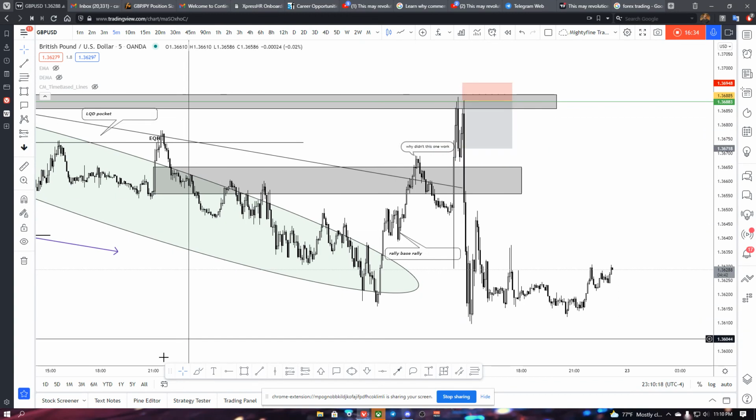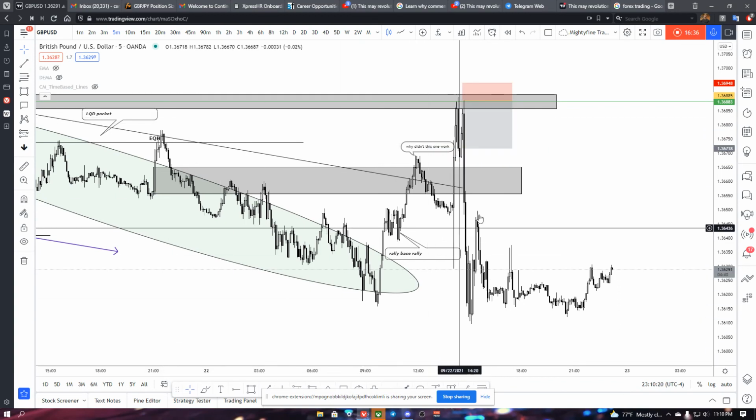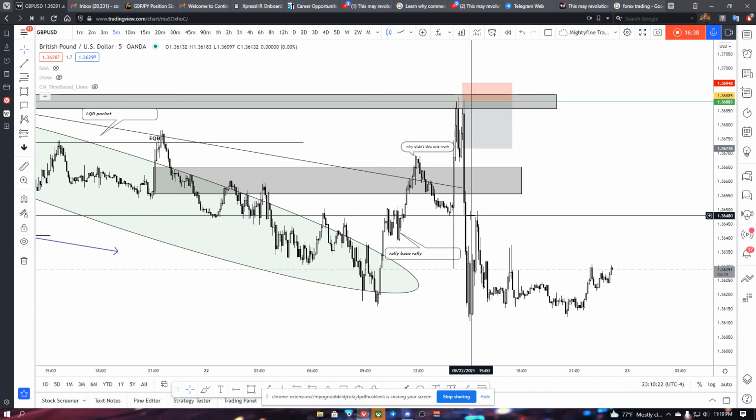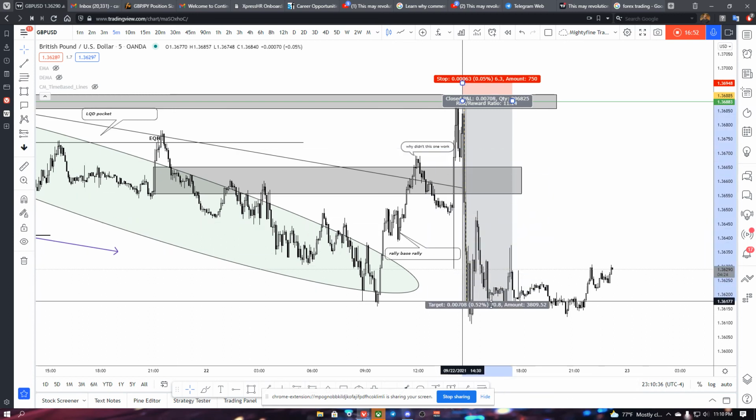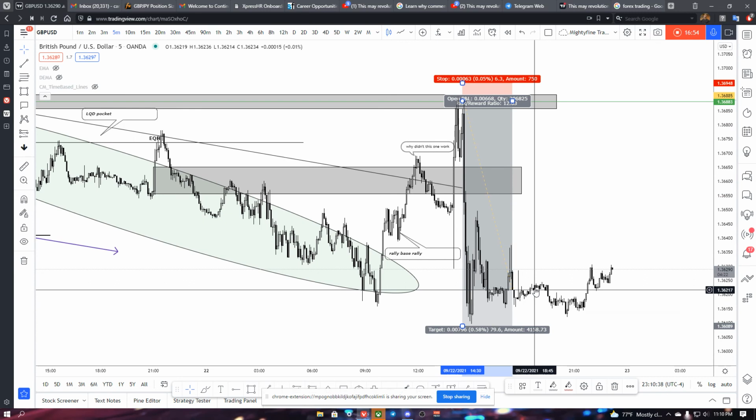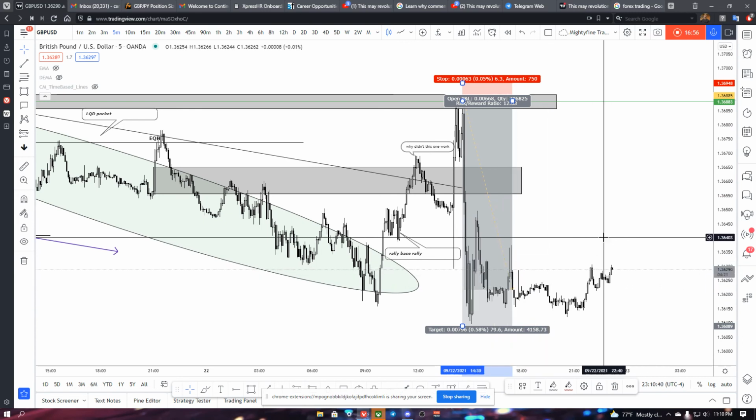But this trade opened up around, I believe, 3 p.m. or 5 p.m. I'm not sure. I think it was 3 p.m. If you had a 6 pip stop loss, your trade would have gone to hell.